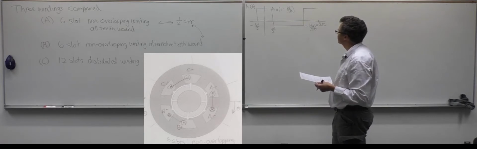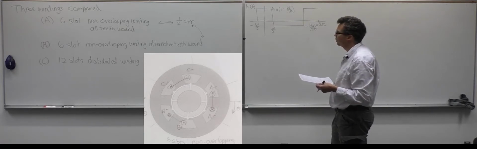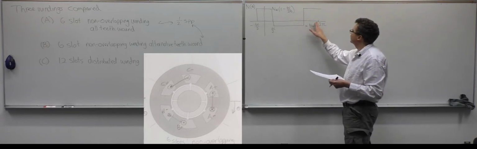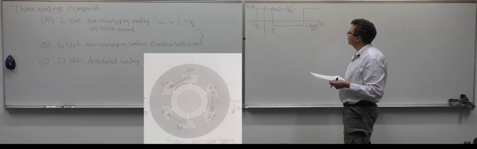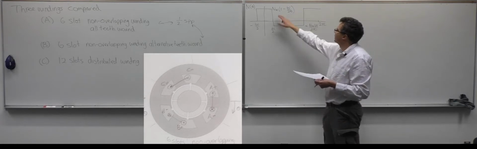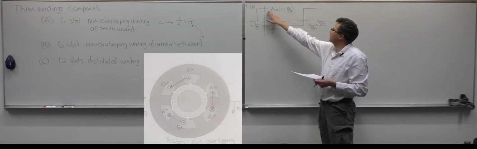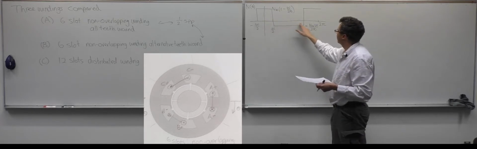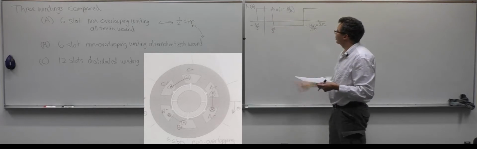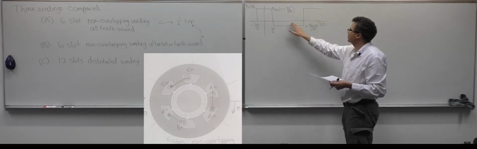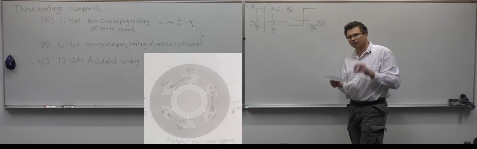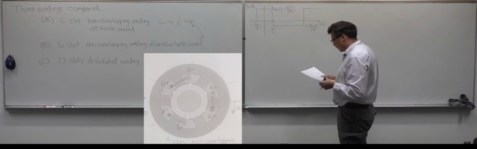That doesn't look like it's creating 4 poles, 2 pole pairs, right? This is looking pretty bad. The magnitude here is higher than on the negative, but the areas are equal. So in order to understand the harmonics for this winding function, we should use a Fourier analysis.